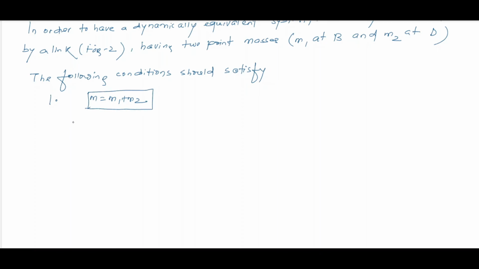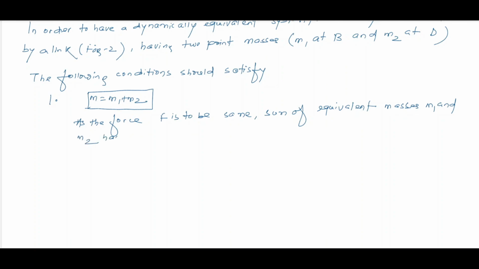Okay, as the force F is to be the same, so the sum of equivalent masses m1 and m2 has to be equal to m. Okay, this is the first condition.